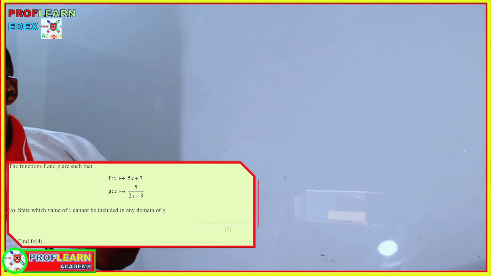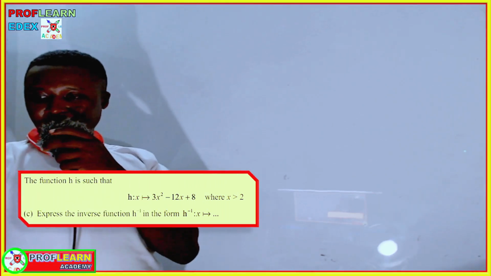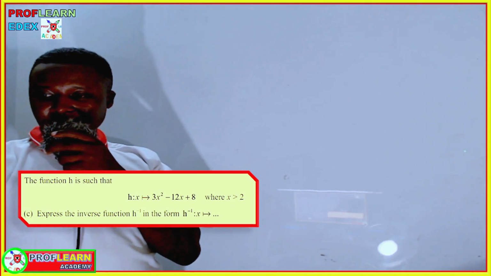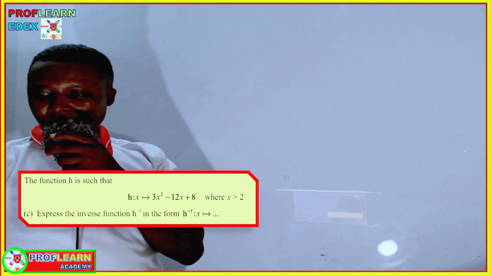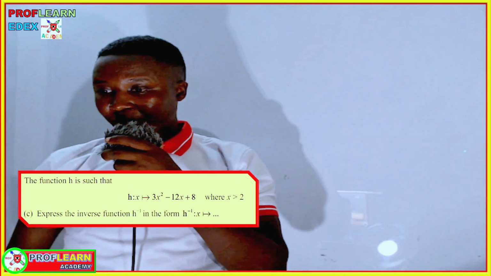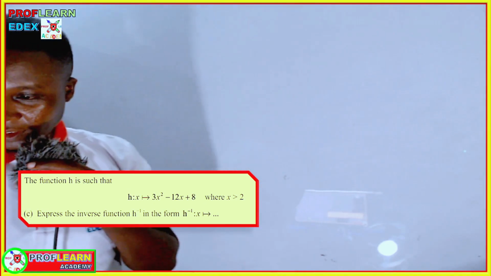And we are told here that the function h is such that x is mapped to 3x squared minus 12x plus 8, where x is greater than 2. Express the inverse function in the form that is given.